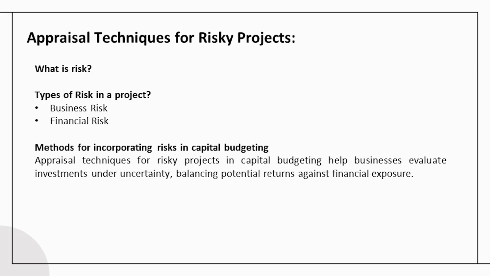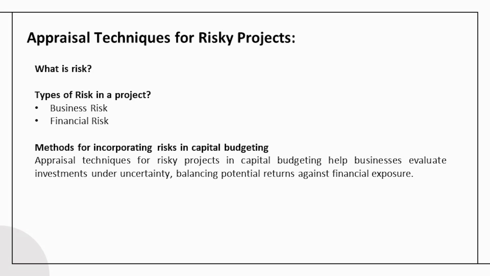When there is an uncertainty with regard to sales and profit, it is known as business risk. But when there is a risk in the project which comes from the use of debt, it is known as the financial risk. There are several subcategories of financial and business risk which may range from liquidity risk, market risk, transaction risk, and so on.